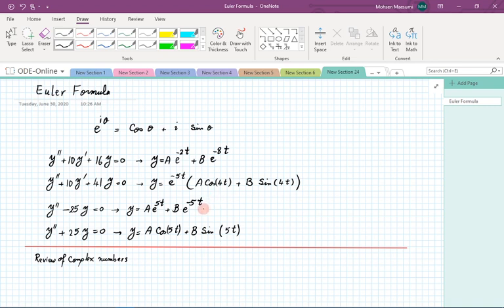We can verify that these are solutions of those equations, but there is a nagging thought: how does the transition from exponential to trig happen? How is it that we flip from this form to that other form? And is there a way of putting them under the same umbrella?